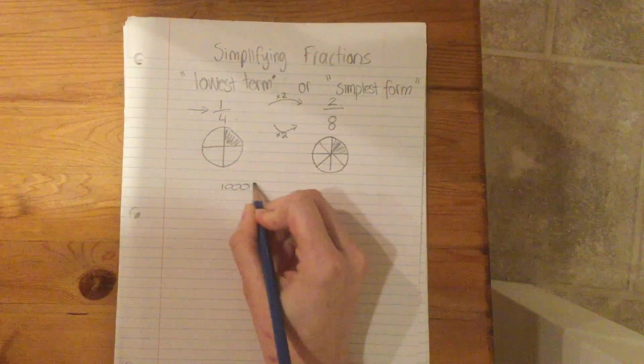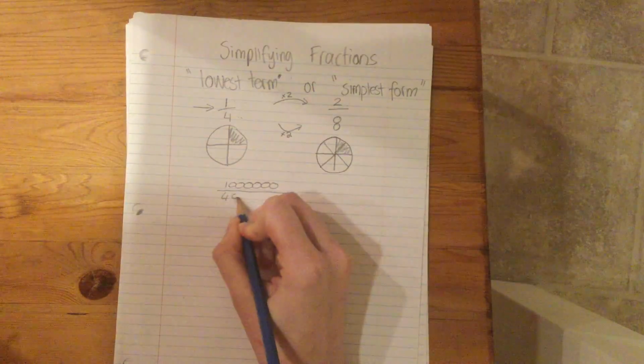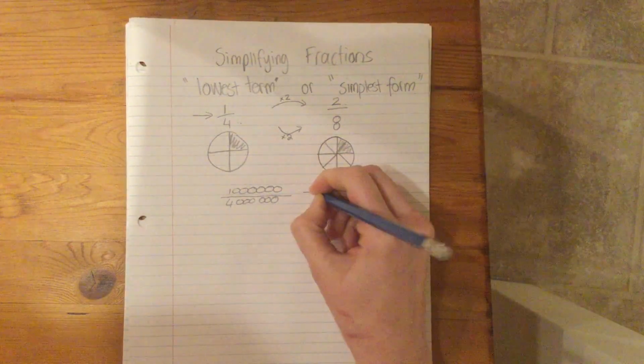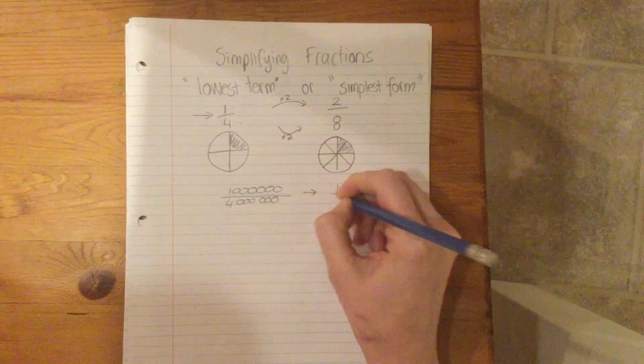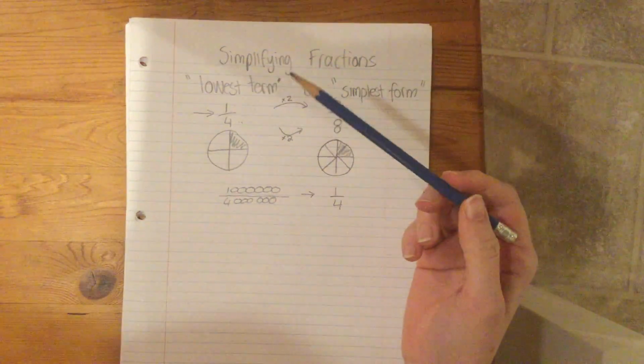Mathematicians are really lazy, so we don't want to write 1 million over 4 million over and over again as a fraction. We would rather say 1/4 because it's our simplest form or our lowest term.